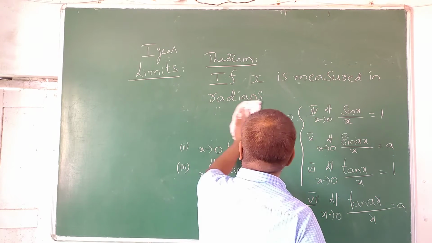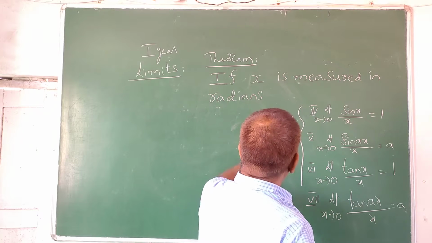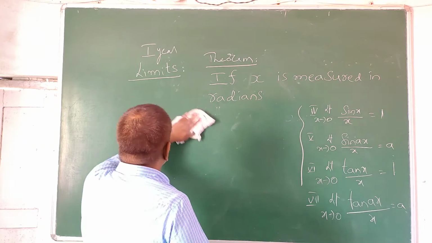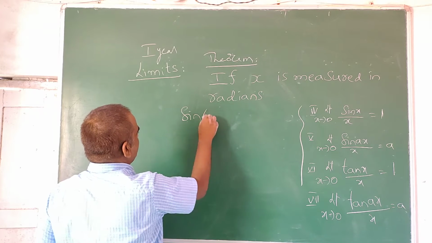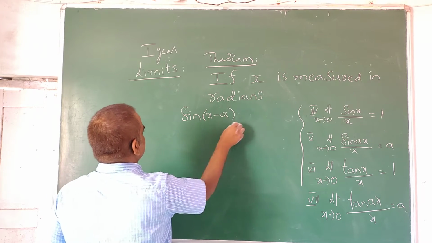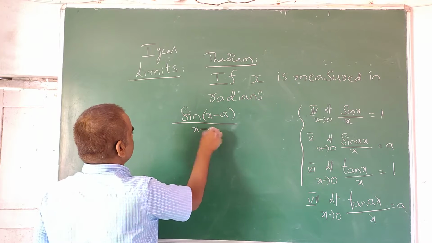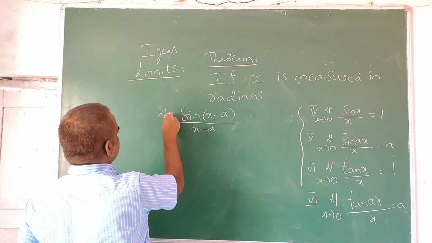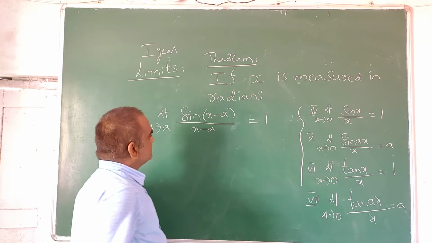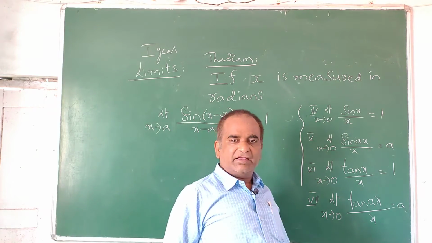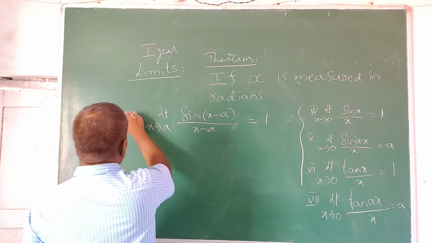Next, limit x tends to a of sin(x minus a) by (x minus a) is equal to 1. Are you following? This is the 8th.